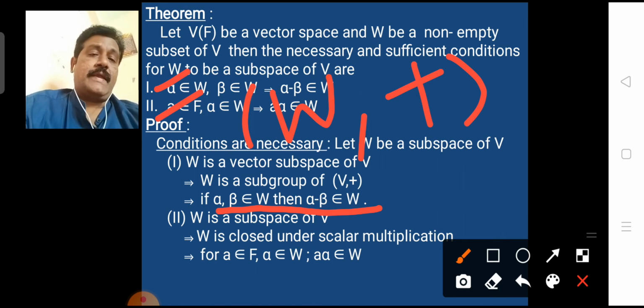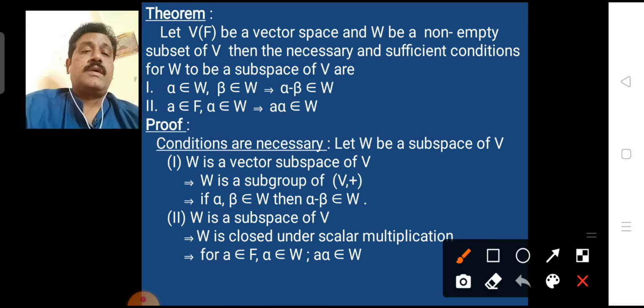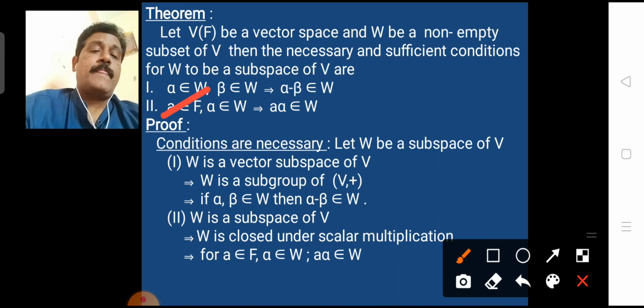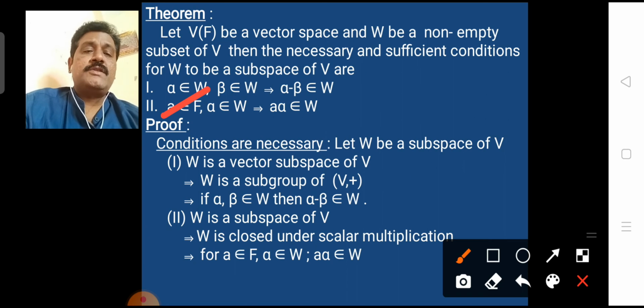Next, second one. Since W is a subspace of V, we know the definition of vector space. Since W itself is a vector space, from the definition of vector space, the second property tells that W is closed under scalar multiplication.